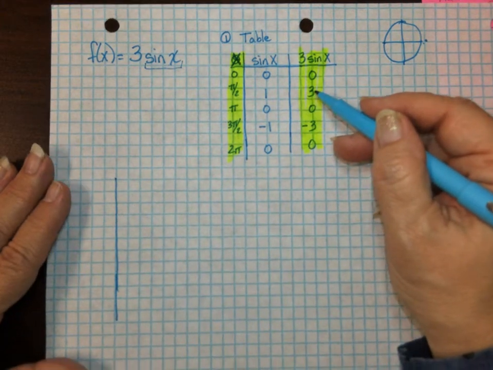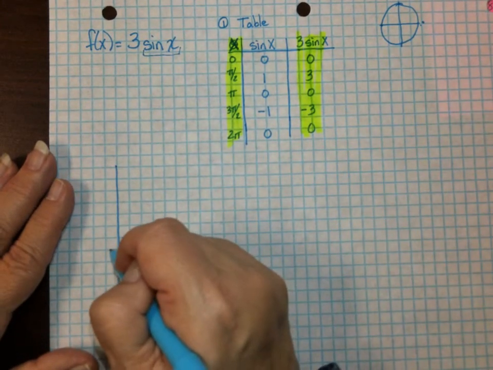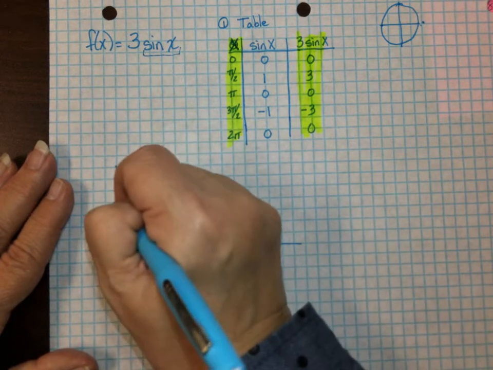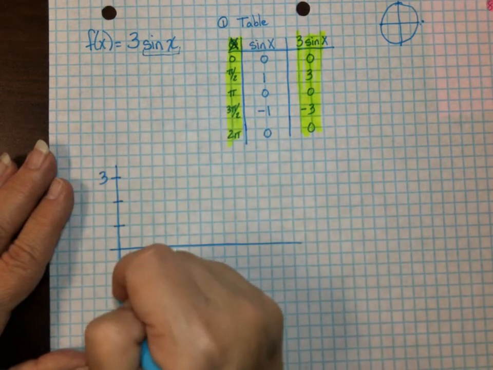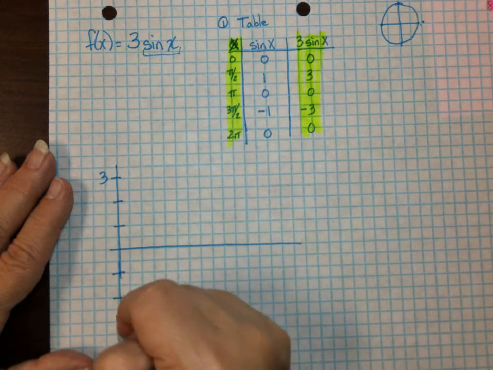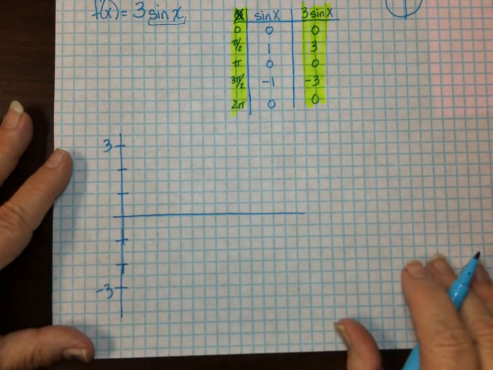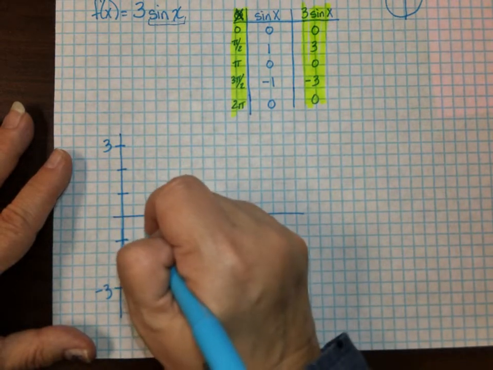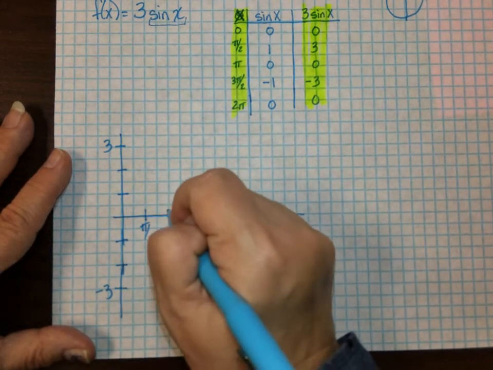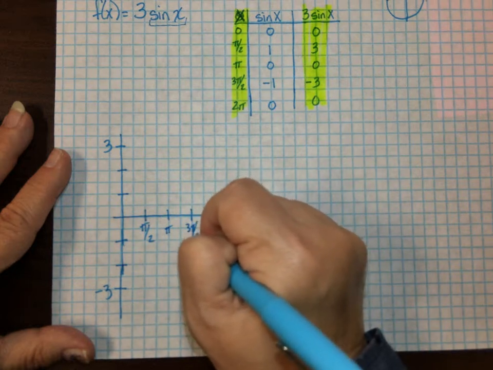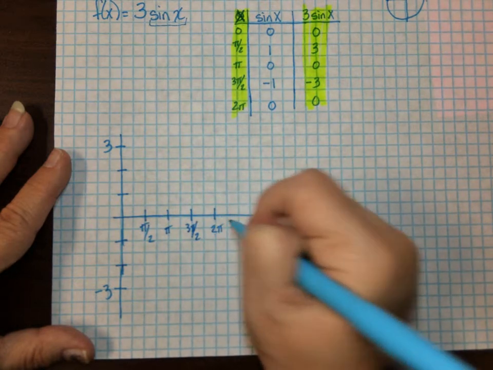Oh, but look, I have to go all the way up to 3 and down to negative 3. On my x-axis, I'm still going to mark pi over 2, pi, 3 pi over 2, and 2 pi.